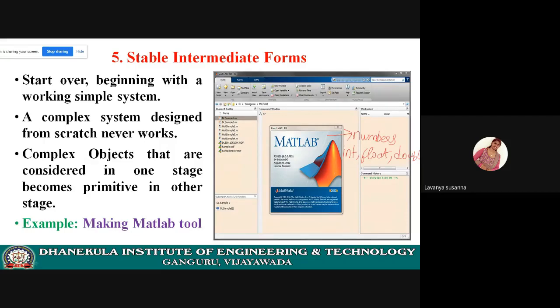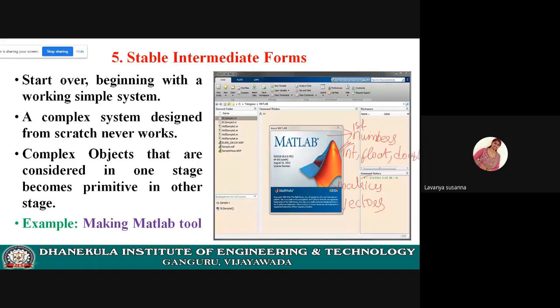In the next stage, you want to do some bigger functionalities like matrices and vectors. So when you see in this first stage, these numbers representing int, float, double are complex in the first stage.